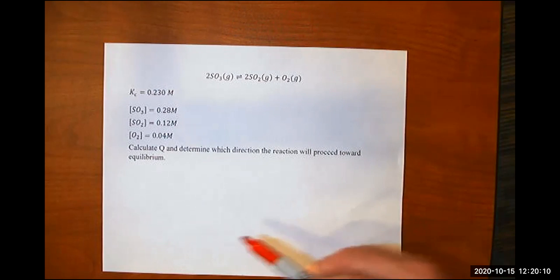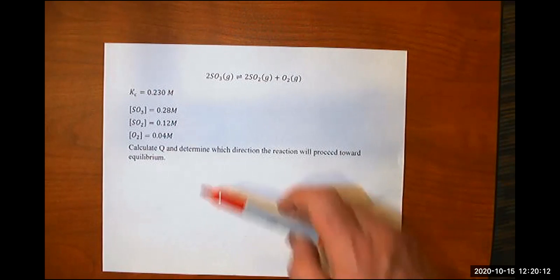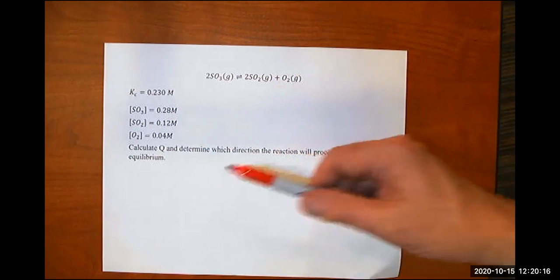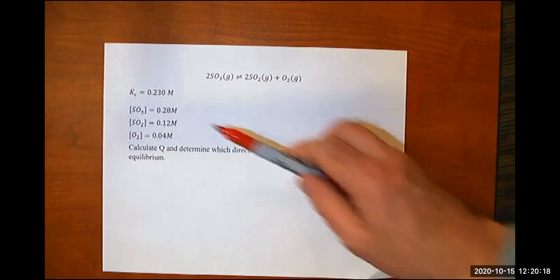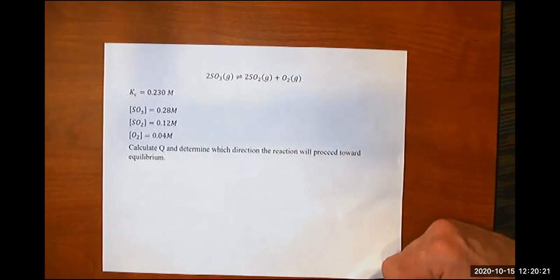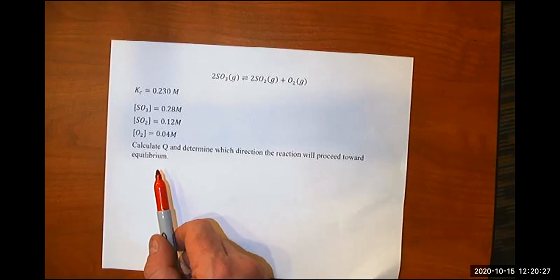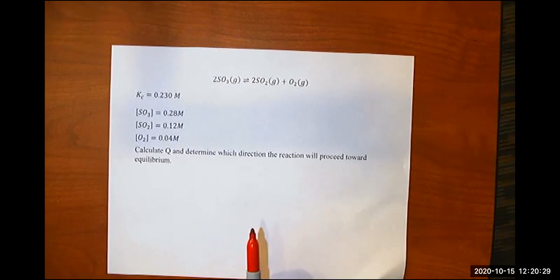We can do this kind of problem either in terms of concentrations or in terms of pressures. The problem that was copied into Piazza lists it in terms of concentrations, and it says for us to calculate Q and determine which direction the reaction will proceed in order to go to equilibrium.